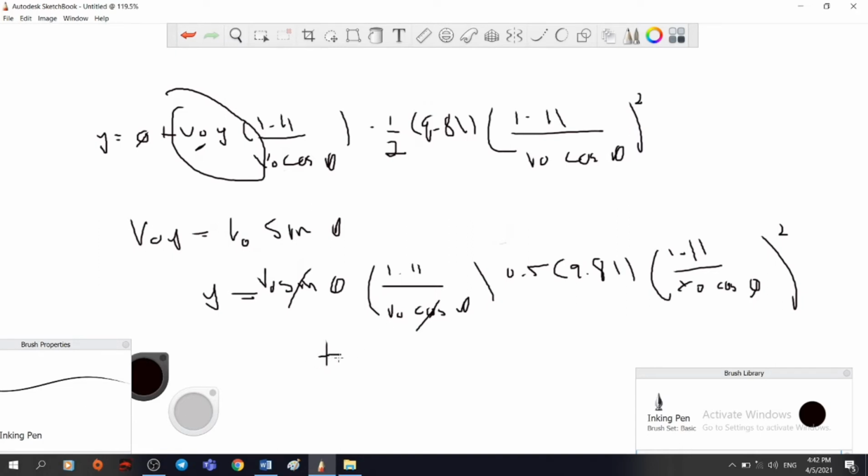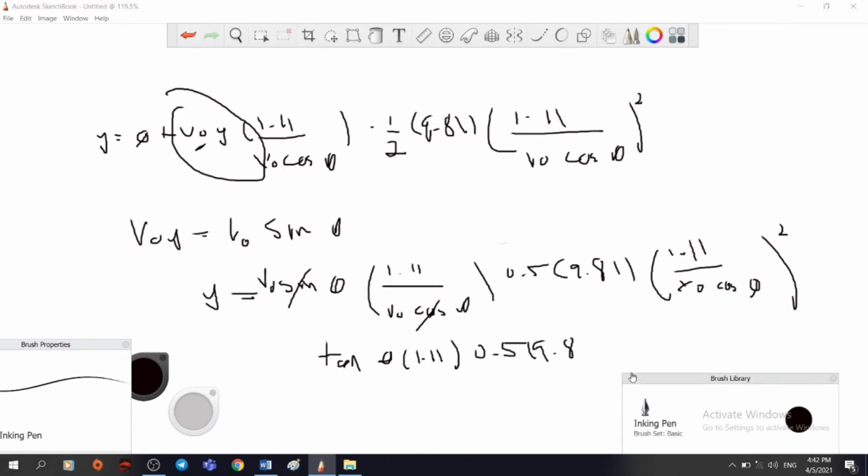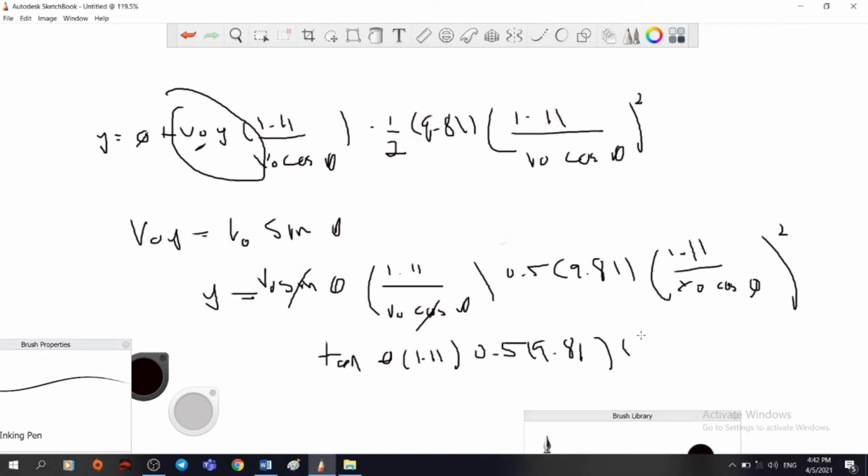So we can just write tan theta multiplied by 1.11 meters, minus 0.5 multiplied by 9.81 multiplied by (1.11 over V cos theta) squared.